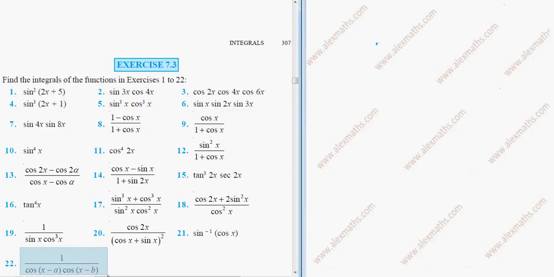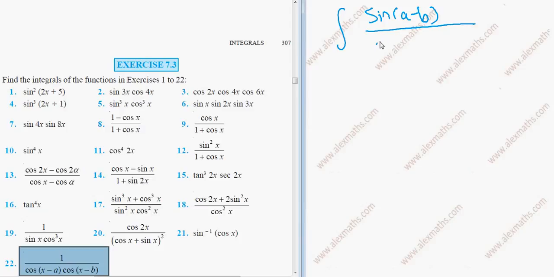Coming to the next one, this problem needs a little bit of rearrangement. The rearrangement is, we will take the integral sign. In the numerator, we will put sin a minus b, and the denominator we will write as it is. Then since sin a minus b is a constant, outside I can divide by sin a minus b.